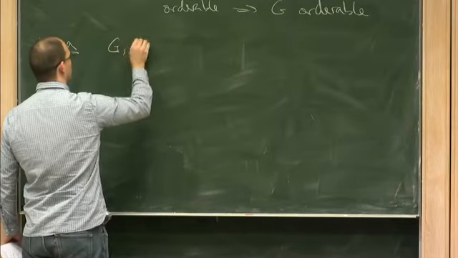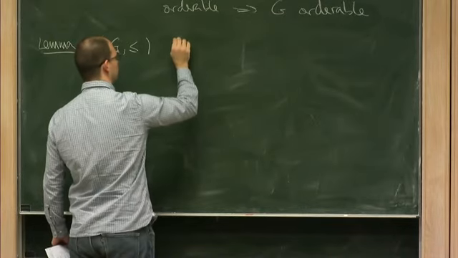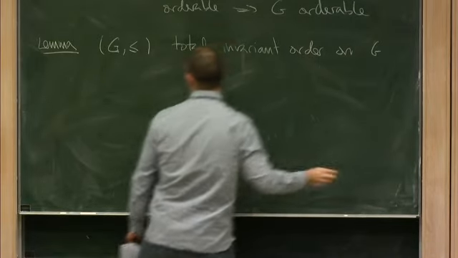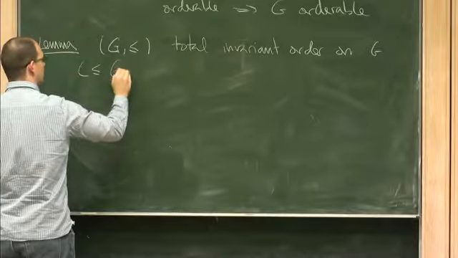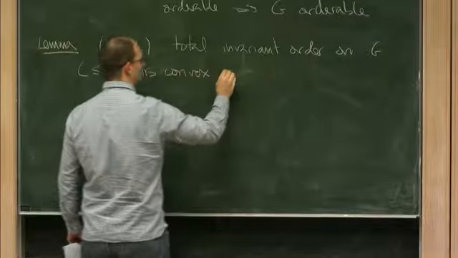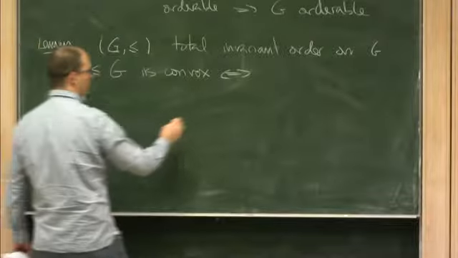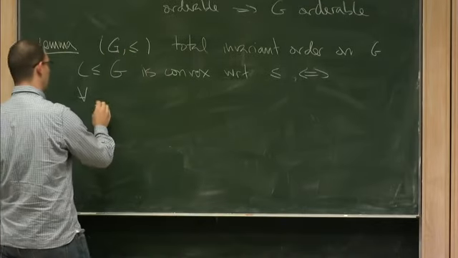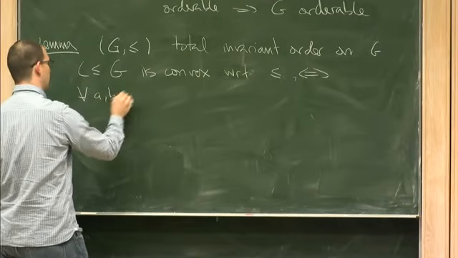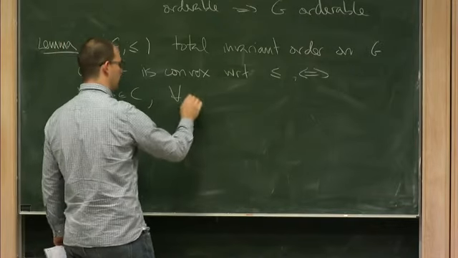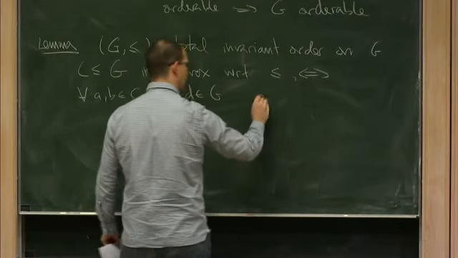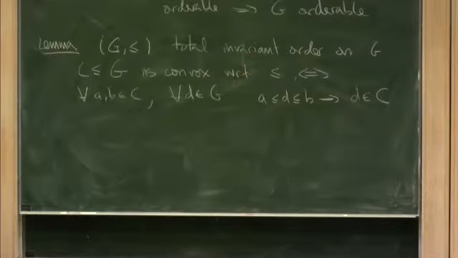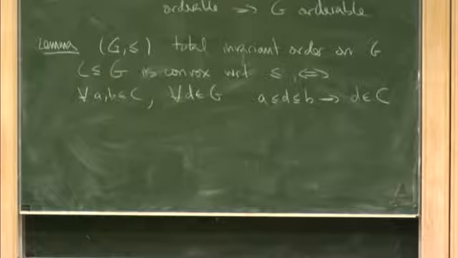Suppose that this is a total invariant order on G. So this thing is convex, or relatively convex, if and only if, for all a, b in C, and for all g in G, if a is less than g and g is less than b, this implies that g belongs to C. So I said that this is a lemma, and okay, that seems more like a definition.